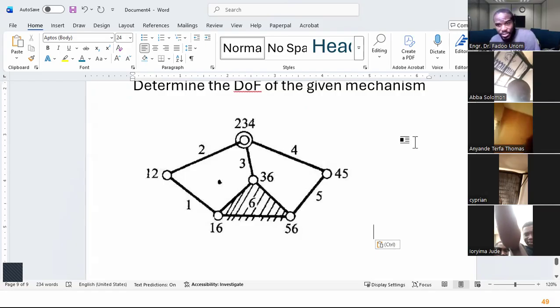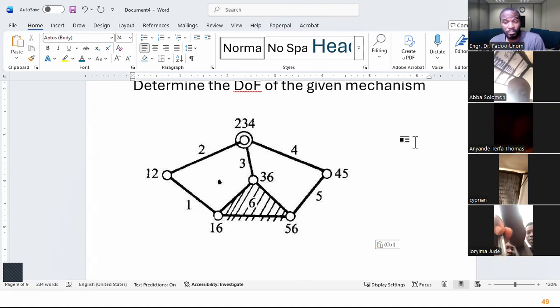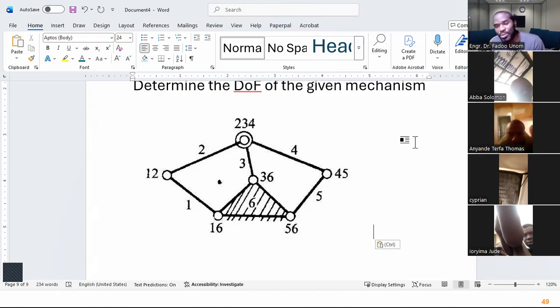How many links do you have? These things are easy because they tell you. In exam, you won't see all these numbers. They will just give the mechanism straight up. How many links do we have? You can unmute yourself and speak. 6. 6 links, correct? Correct. How many binary joints do we have?